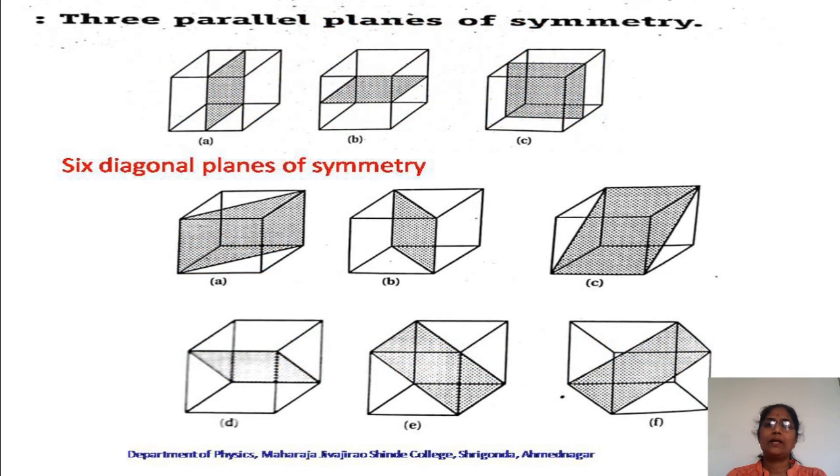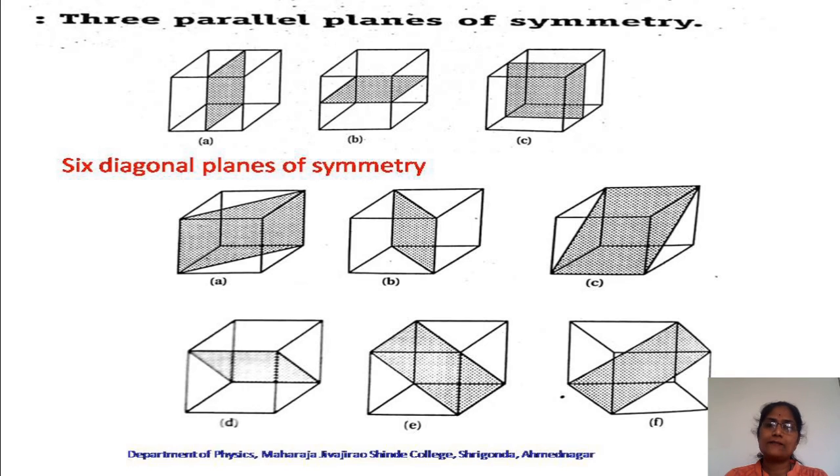Figure ABC shows these three straight planes of symmetry present in a cube. In figure 1, it is a plane passing through opposite faces vertically, horizontally, and this is also one of the sections where we are getting a straight plane of symmetry.